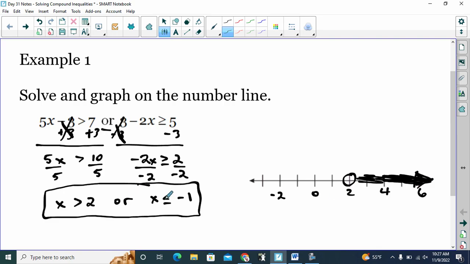Or it's possible that x could be less than or equal to negative 1. Those also make the inequality true. So closed circle at negative 1 and shaded to the left. We just solve each one as though it's its own problem. We bring down our or, and then we graph like we did last class.